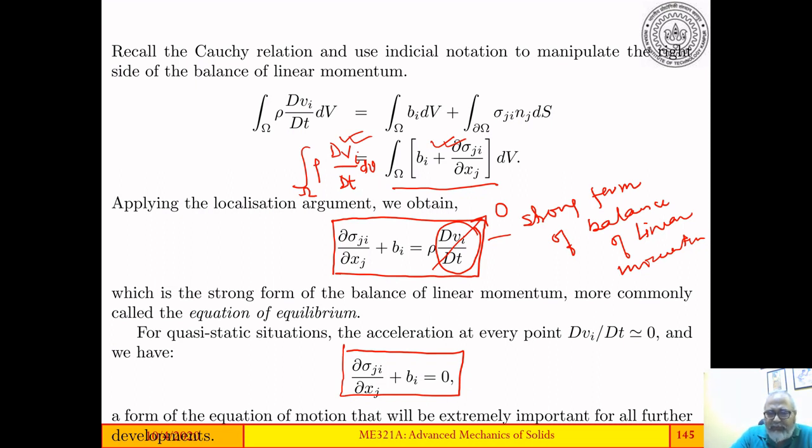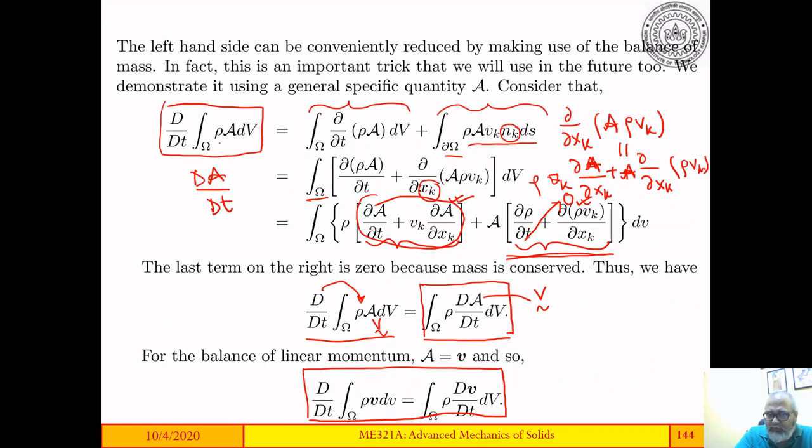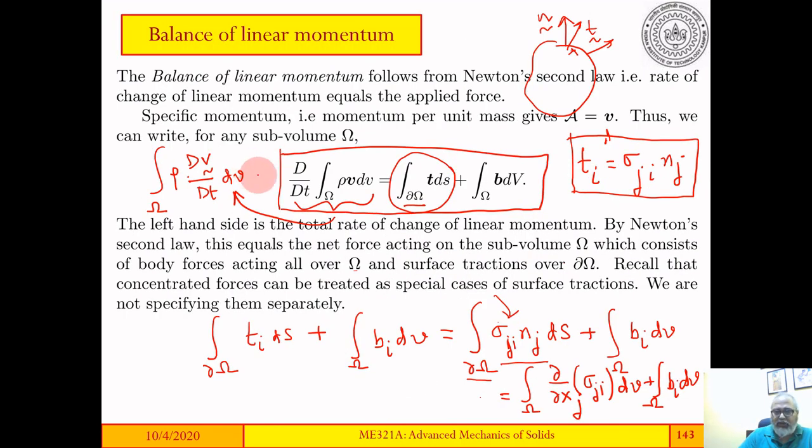And this is an extremely important equation. We'll keep calling this the equilibrium equation. The equilibrium equation is nothing but the strong form of the balance of linear momentum. What is a weak form? The weak form we have already dealt with here. This is the weak form of the balance of linear momentum.